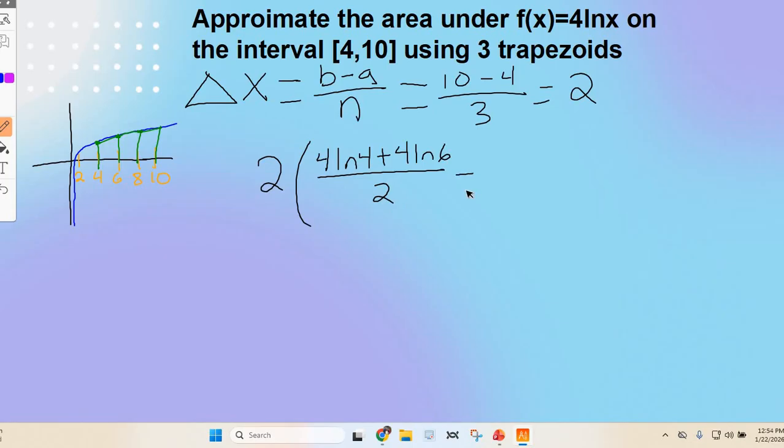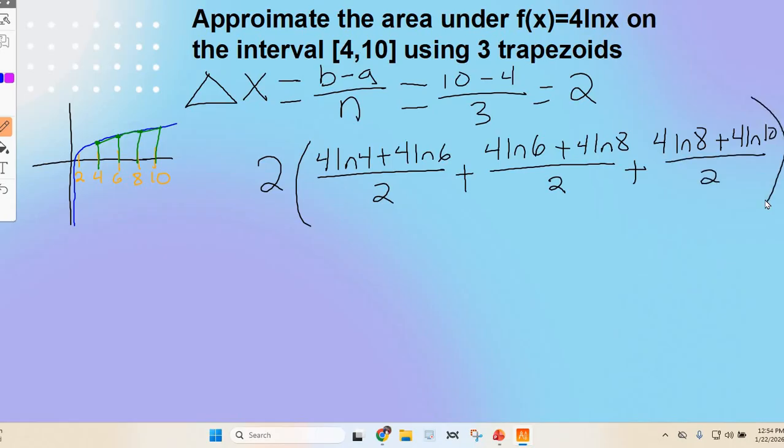Which means 4 natural log of 6 is my base 1 for my second one, plus 4 natural log of 8, divided by 2. And then lastly, we have 4 natural log of 8 plus 4 natural log of 10, divided by 2.